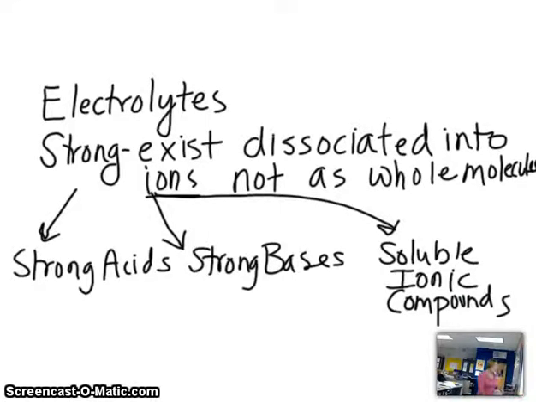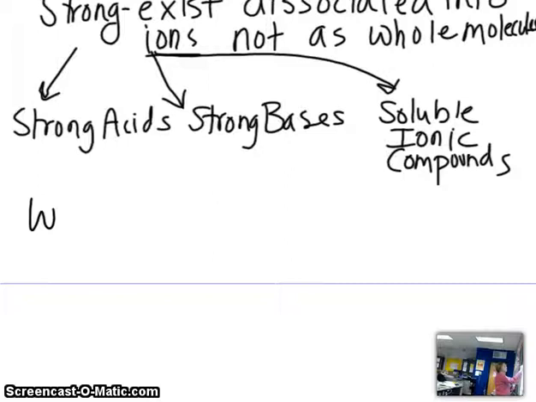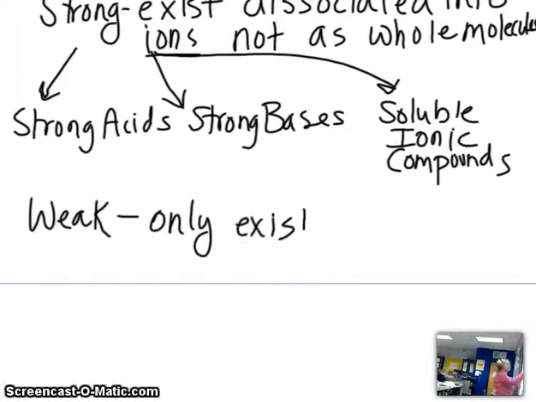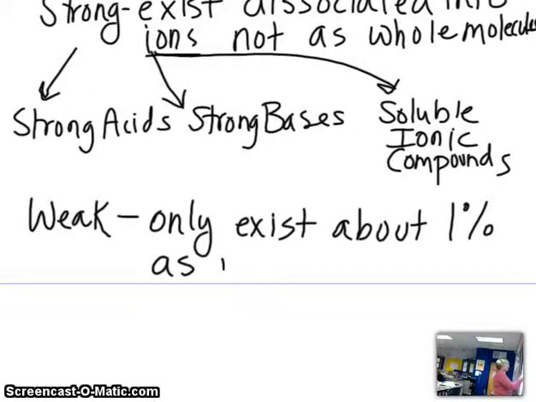The weak electrolytes only exist about 1% dissociated as ions, which is why they're weak. There's not a lot of ions there. And those are your weak acids and bases.